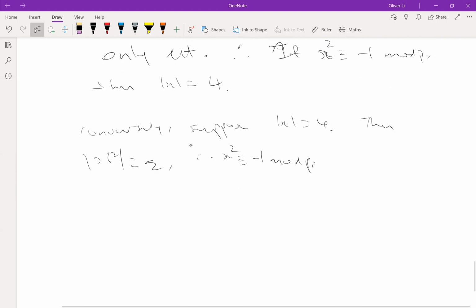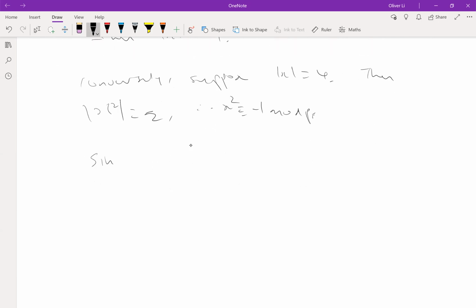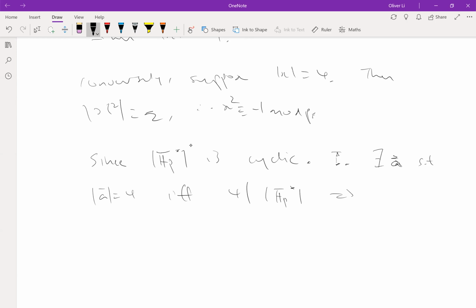Since the group is cyclic, because that's proven. If you don't know the proof, you can look it up and see it. It's really, really nice. Therefore, there exists an element a-hat of order 4 if and only if 4 divides the order of this group.